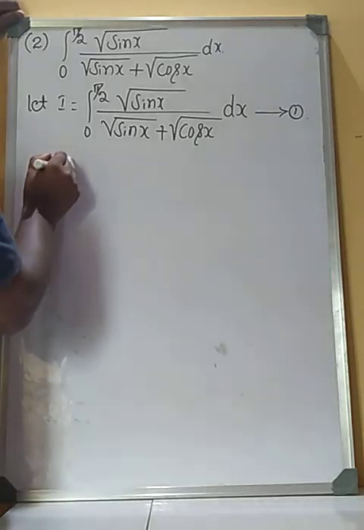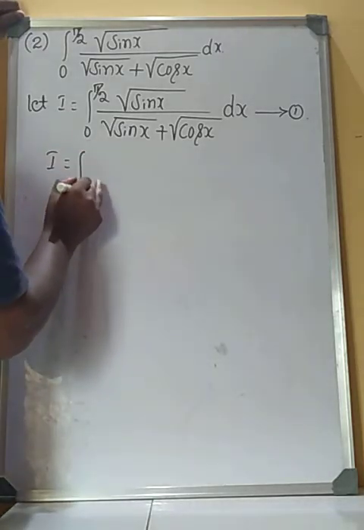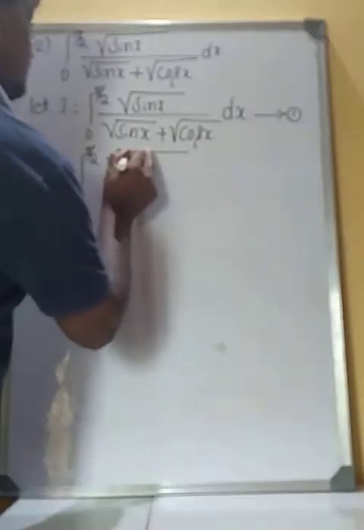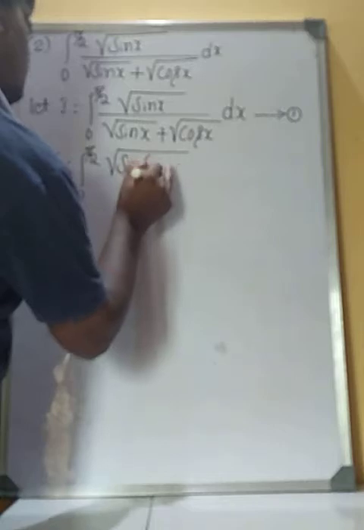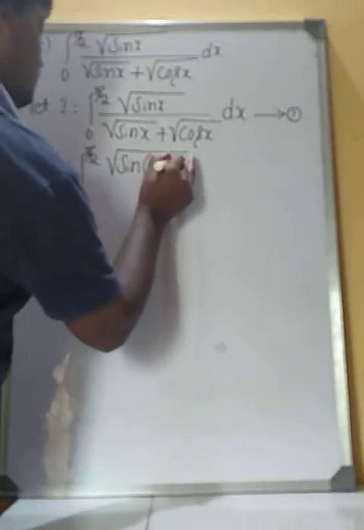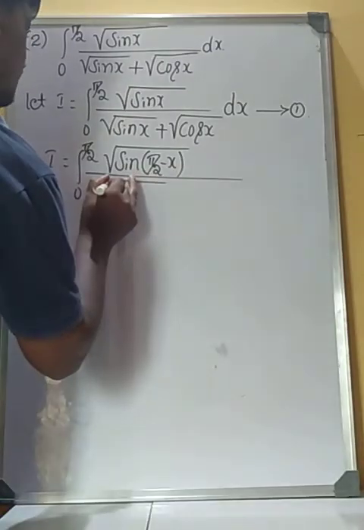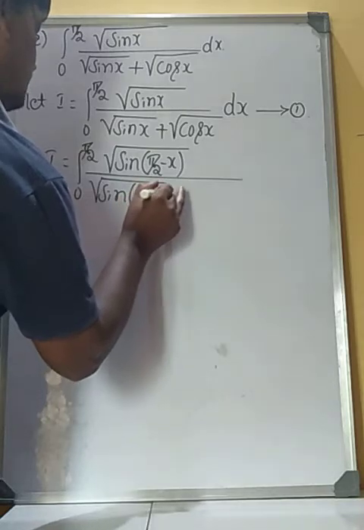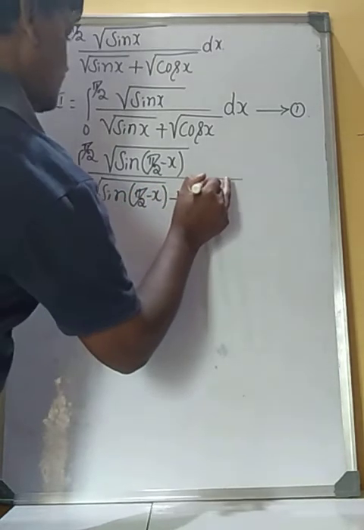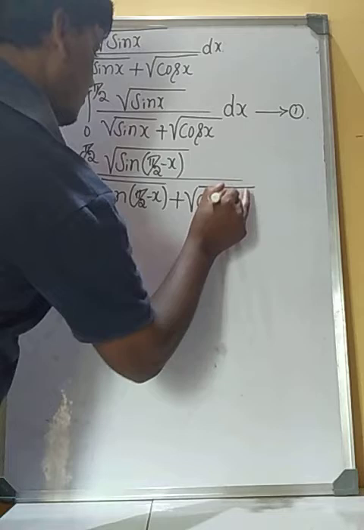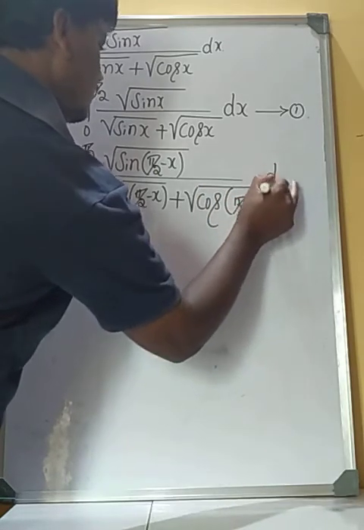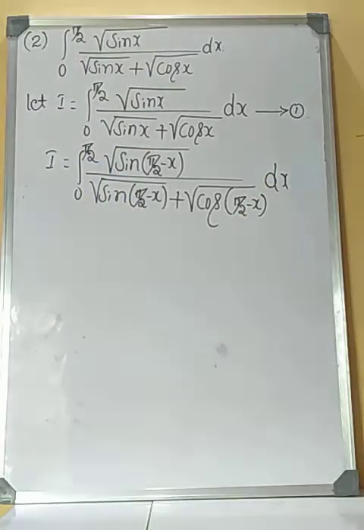Therefore I is equal to the integral from 0 to pi by 2 of square root of sin of (pi by 2 minus x) divided by square root of sin of (pi by 2 minus x) plus square root of cos of (pi by 2 minus x) into dx.